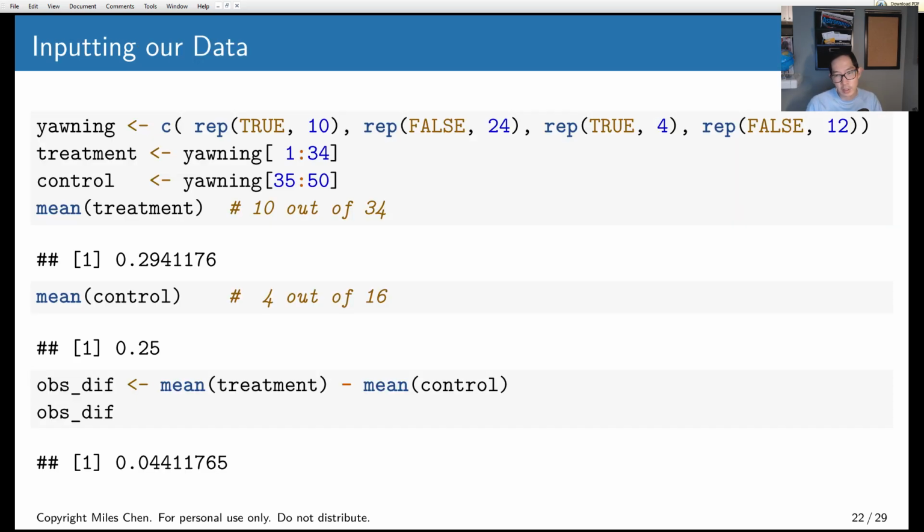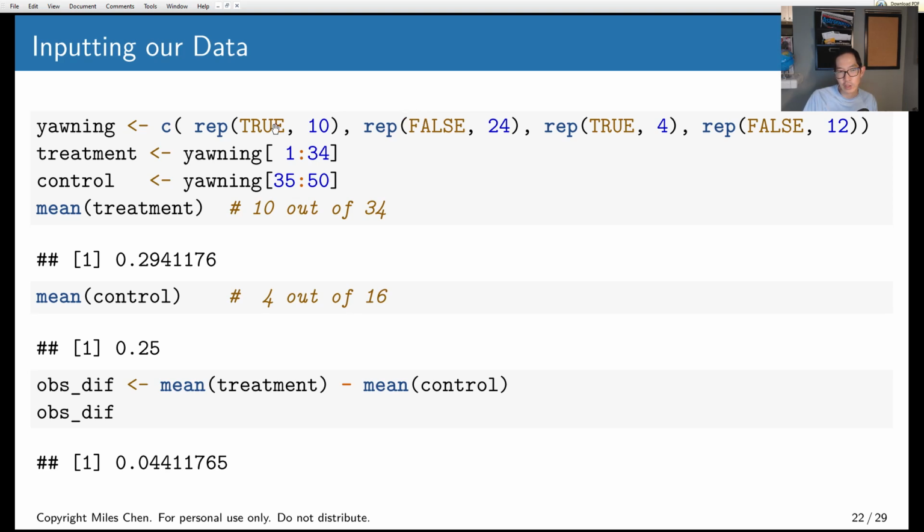All right, so this is how I'm going to simulate the randomization test, or run the randomization test, on the computer. First, I have to create a vector representing my data, okay? This is going to be all 50 people. I'm going to say true means they yawned, false means they didn't yawn.